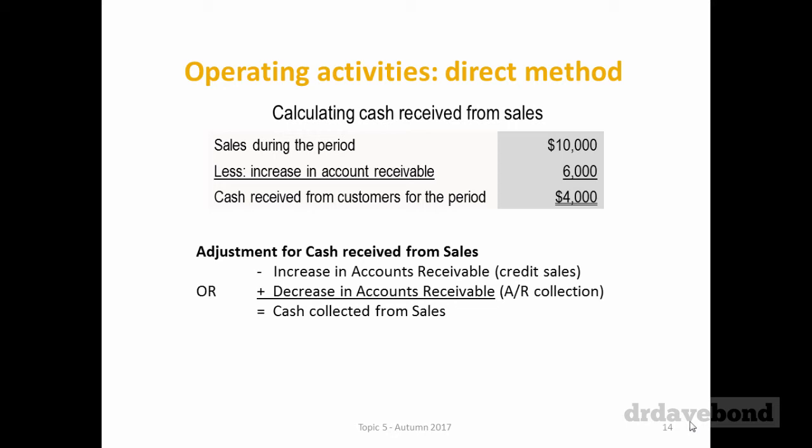But what we actually know is the balance ended up at 66. That balance is known, and we know the sales were 10 because we got told. It's a matter of problem solving that out. We need a number over here to make this work. We need 4,000 over there.